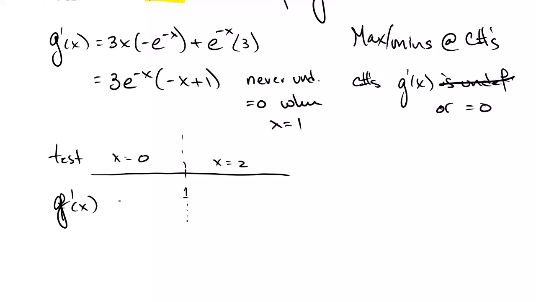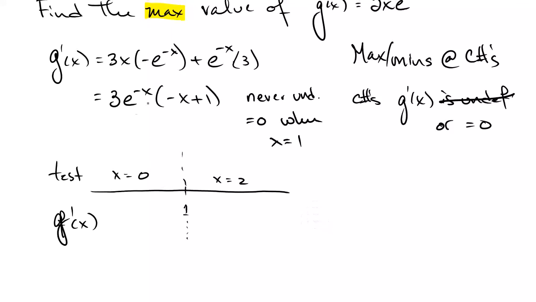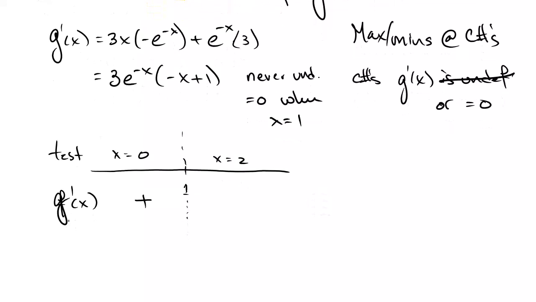And g prime of 0, plugging it back into here, we get 3e to the negative 0, 3e to the 0 is 1, and times minus 0 plus 1, we end up with 3. But I don't really care that it's 3, I just care that it is positive. And if it's positive, that means that g of x is increasing.